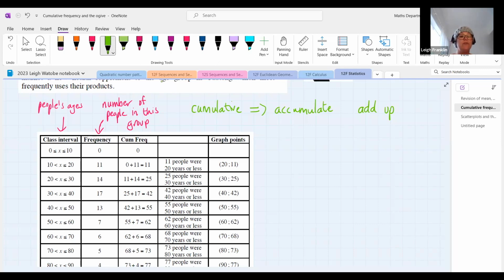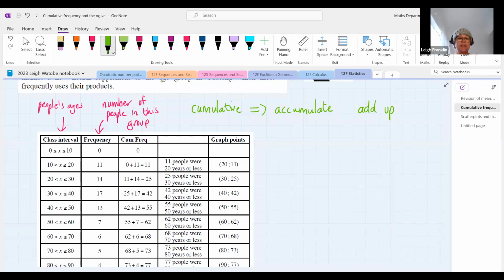If we want to find the cumulative frequency for the second interval, which is the age between 20 and 30, that third row, we would add what the frequency is in this row to the previous frequency.